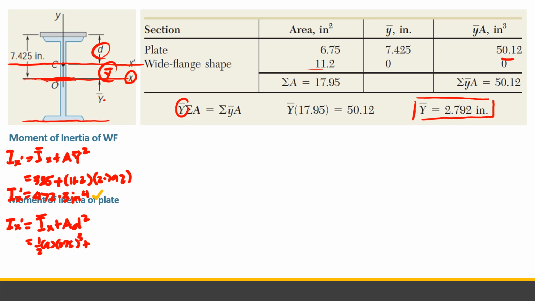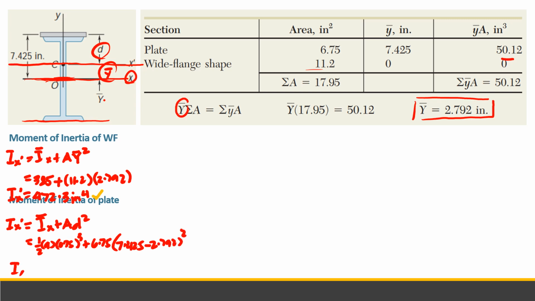Plus area, which is 6.75 times the distance, which is, so the distance ng centroid natin, distance d is 7.425 minus yung y bar, which is 2.792 squared.